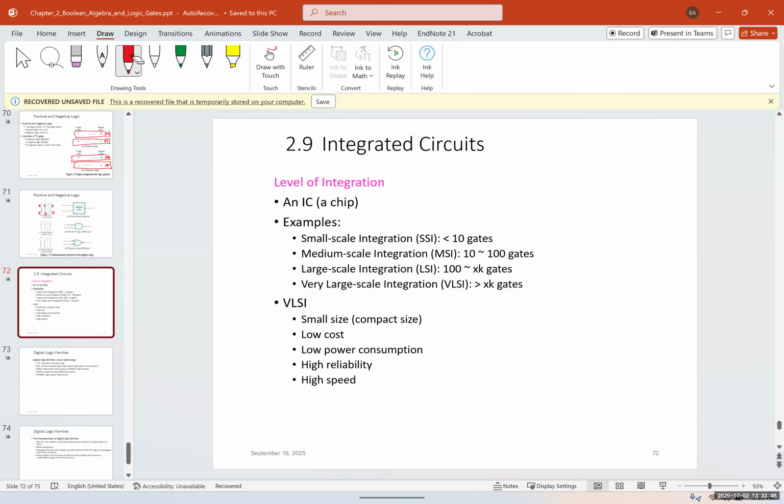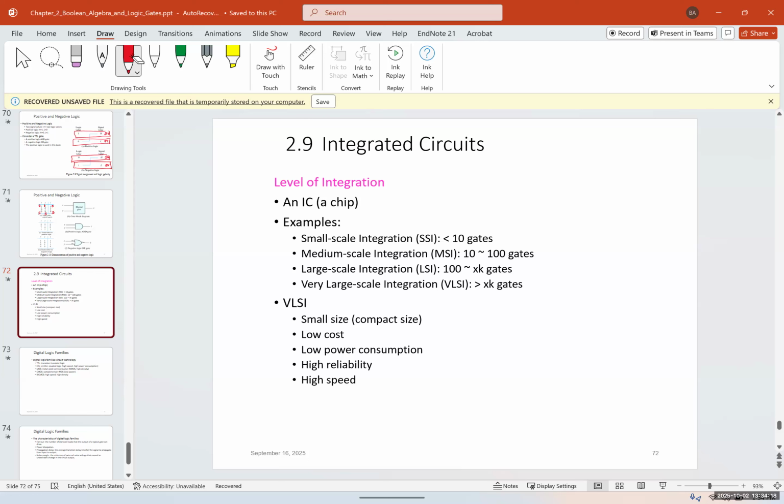So that is considered an SSI, because it has less than 10 gates in it. But an iPhone, for example, has several 100,000, a chip, an Arduino or a Raspberry Pi, a microcontroller, a microprocessor, they have 100,000, 200,000, millions of gates. That's called a VLSI. They are low power, high reliability, and have high speed.